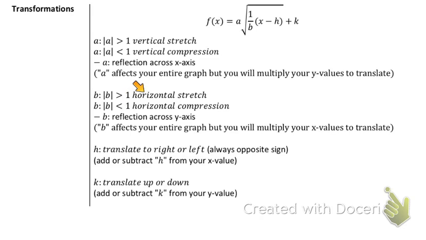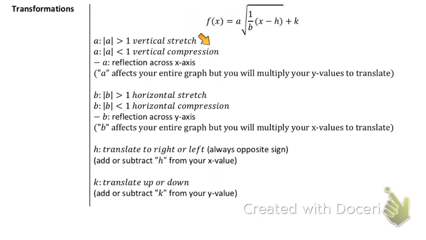Your B value controls horizontal stretch or compression, reflection across the Y-axis, and it multiplies with your X values. H is a left to right shift, also called translation. This adds or subtracts to your X values. Remember, for H, we have to switch the sign before we use it. And K translates up or down, or shifts up and down, and it adds or subtracts with the Y values.